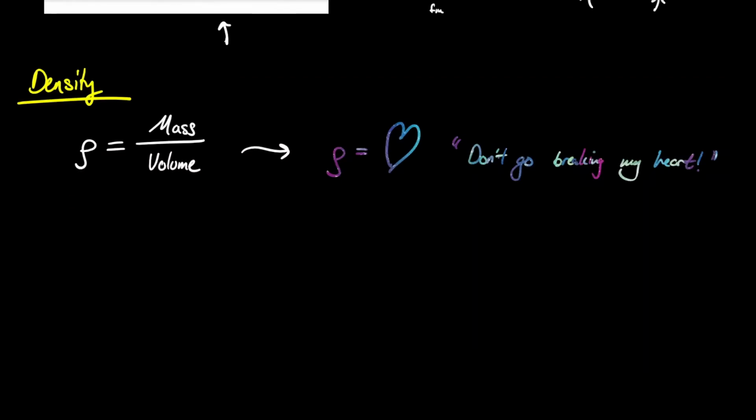And I guess in this case it's probably more appropriate to use the letter D, on the left for D and don't. So D and then a broken heart, so you put a line through. Here's the letter M, and here's the letter V. So D equals M over V is a way you can remember it if you're ever stuck.